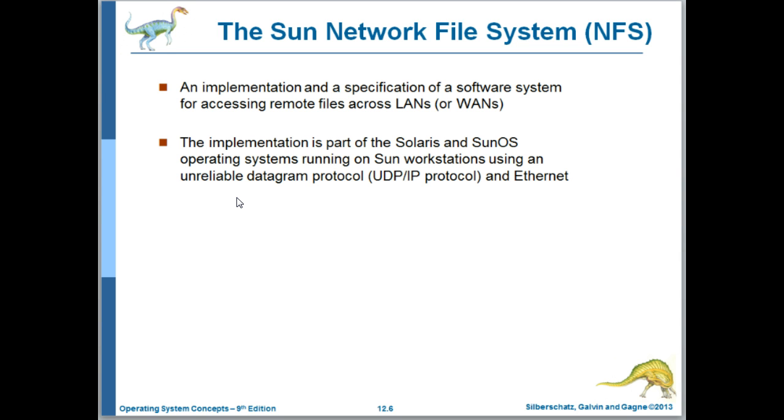NFS will also run on TCP, which is reliable and would probably be the protocol of choice if one were running NFS across a WAN, which for security and other reasons probably wouldn't be a great idea.